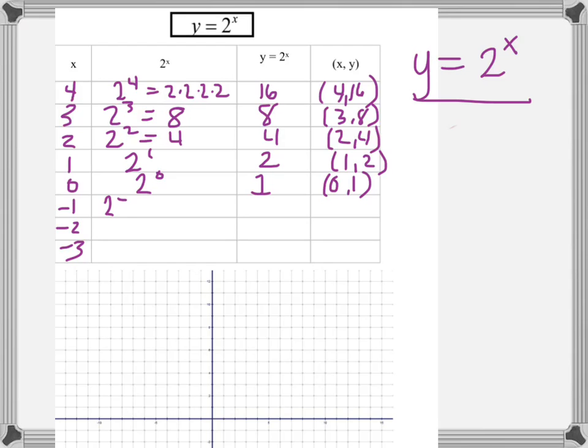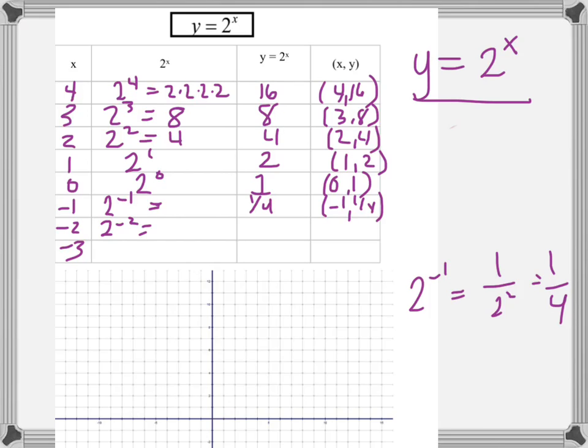Now 2 to the negative first power. If you recall, 2 to the negative first power is 1 over 2 squared, so it's 1 over 4. Whoops, I made a mistake over here. Let's do this again. 2 to the negative first power is going to be 1 over 2 to the first power, which is 1/2.